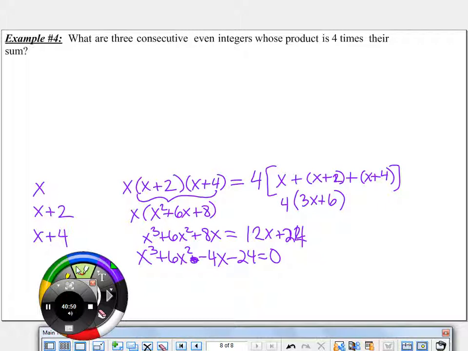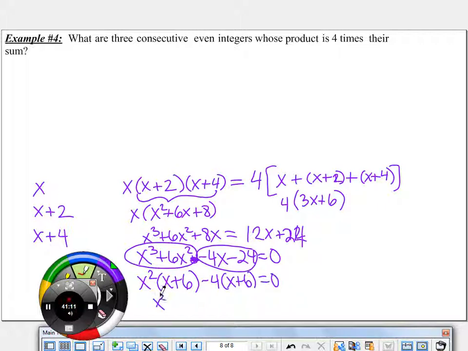Now, there's not one common factor for the entire equation, but if we group, like we saw earlier, we can take x squared out of here, and out of the next two terms, we could take out negative 4, giving us factors of x squared minus 4 and x plus 6. And then we could solve it from there.